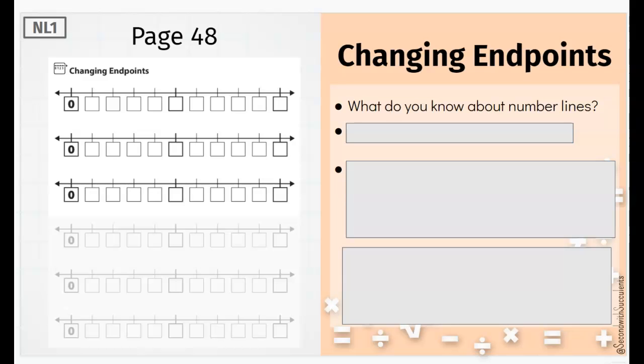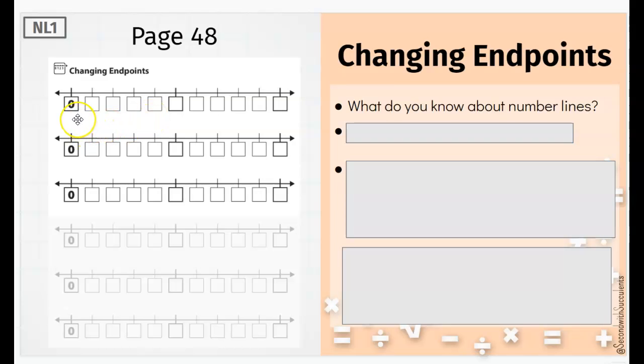Now, you may be noticing a few different things. One thing you may notice is that you'll see 1, 2, 3, 4, 5, 6 different number lines. We're only going to worry about the first 3 today. You may also have noticed that each number line starts with 0. You may also have counted these squares at the bottom of our number line.